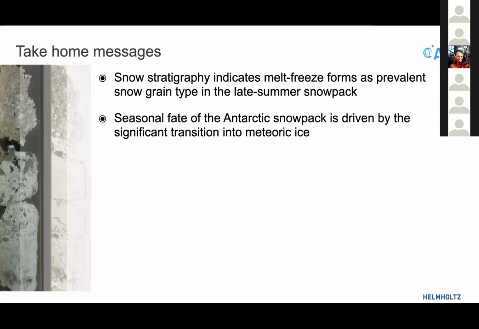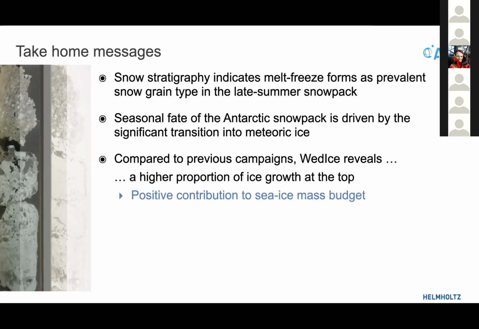So all the snow that we observed during the winter expeditions is transformed into snow ice and into superimposed ice. And when we compare those results to previous campaigns, we see a higher proportion of ice growth on top, as we have those higher superimposed ice fractions.